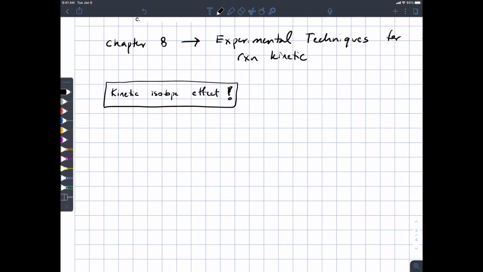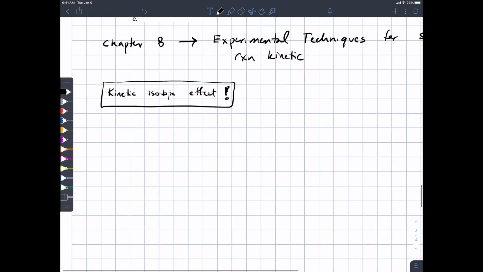Okay, so it's related to measuring reaction rates with hydrogen versus deuterium at a certain carbon.